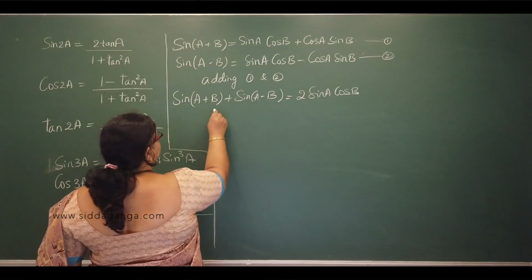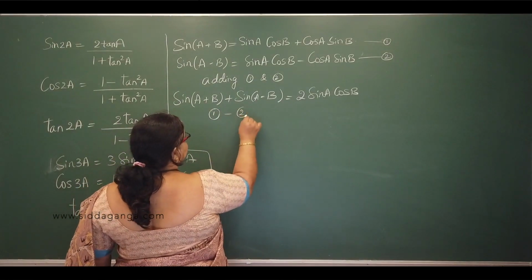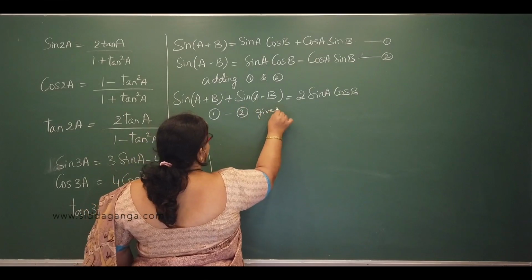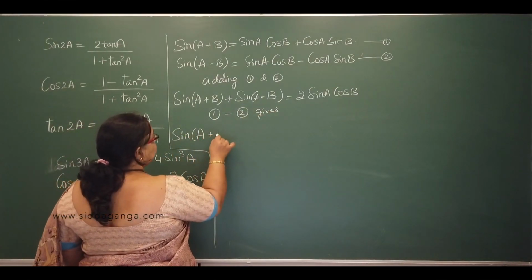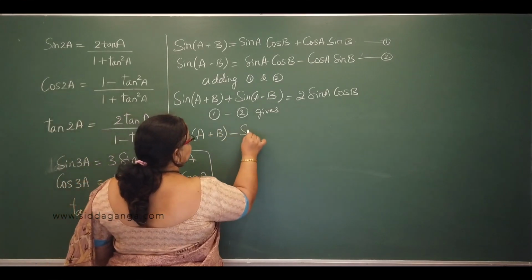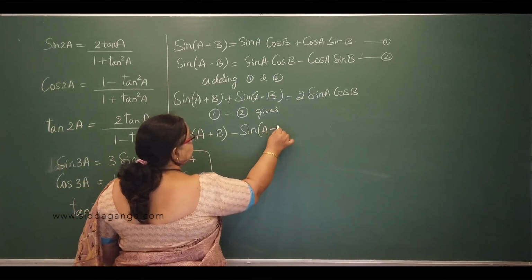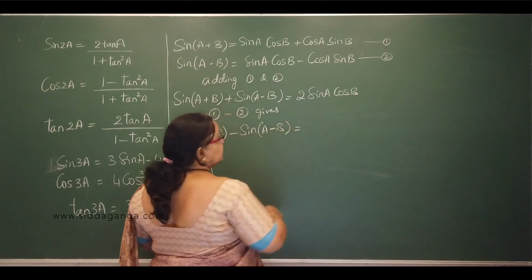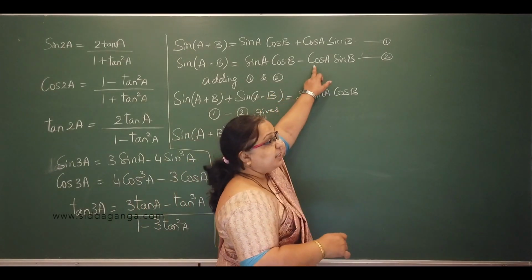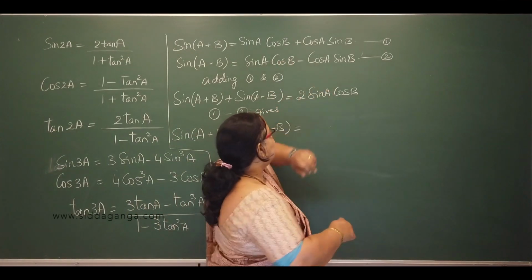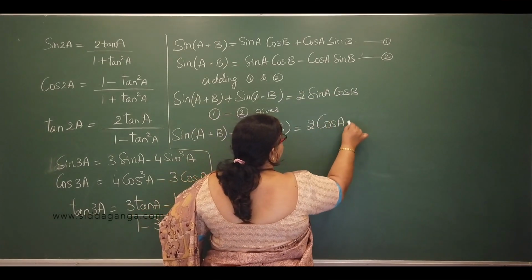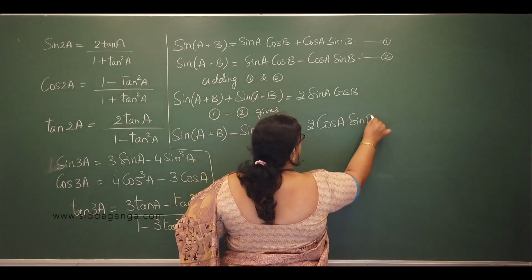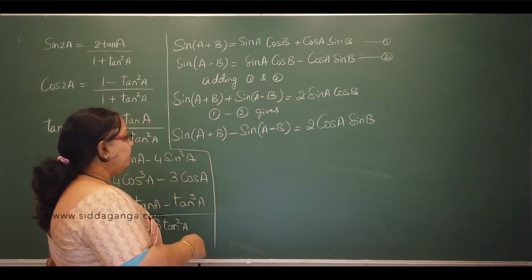Next, equation 1 minus equation 2 gives sine of A plus B minus sine of A minus B. When we subtract, we get the second term result, that is 2 times cos A sine B.